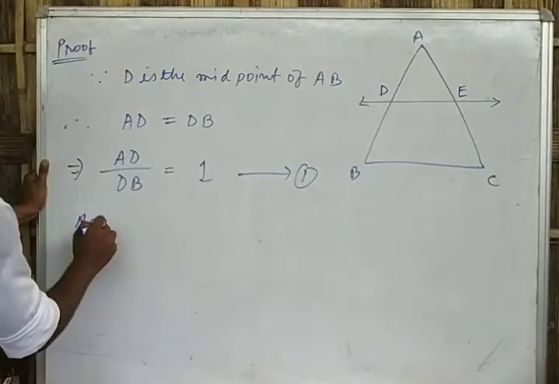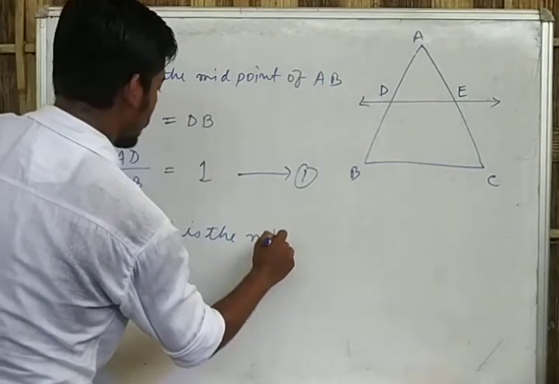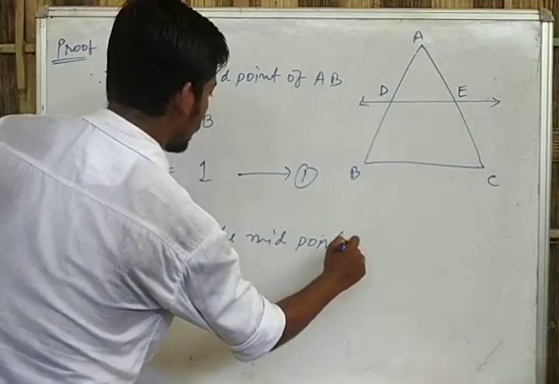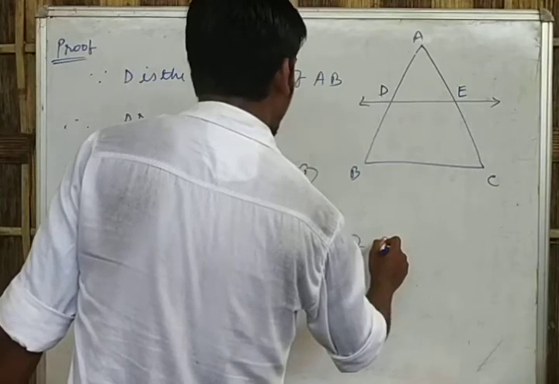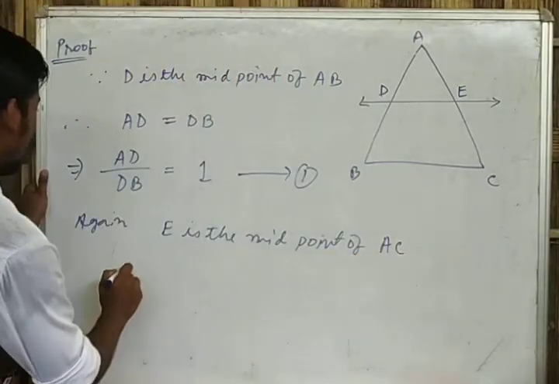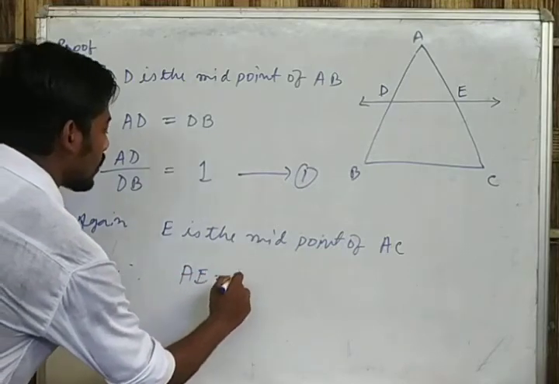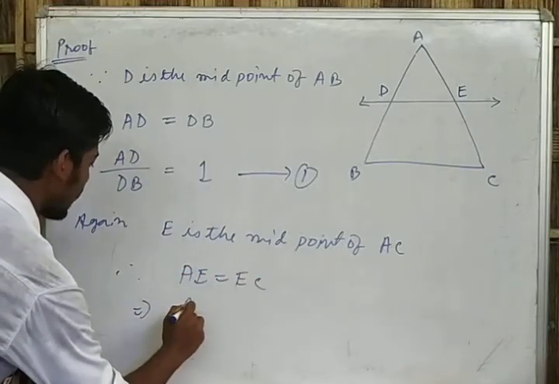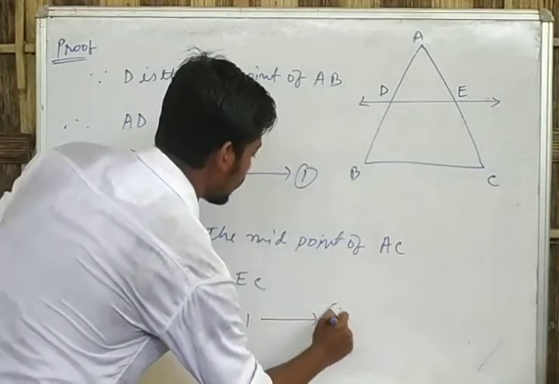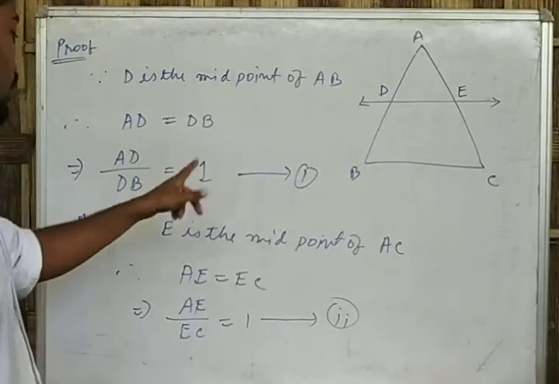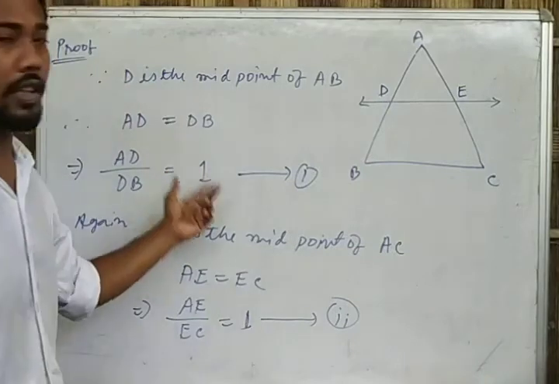Again, E is the midpoint of AC. Therefore, AE is equal to EC, which implies AE by EC is equal to 1. This is equation number 2. Now we can compare equations 1 and 2 because the right hand sides are the same, 1 and 1.